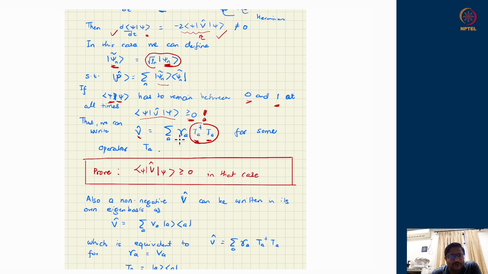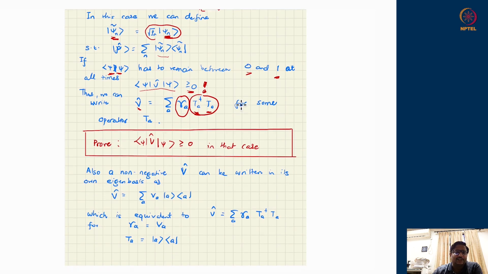And suppose more than one dissipative process is going on, for example, more than one particle the atom has interacted with, then this total V should be a sum over all such dissipative processes. So T_A controls one dissipative process and the summation over A covers all the dissipative processes. The weight factor, which we will see is the rate at which these dissipative processes are happening, is controlled by gamma_A. So gamma_1 times T_1 dagger T_1 plus gamma_2 times T_2 dagger T_2 describe two dissipative processes happening to the atom, one with rate gamma_1 and another with rate gamma_2.